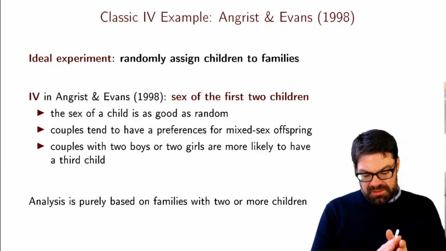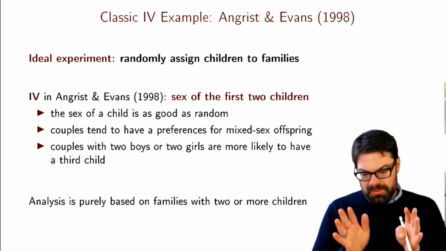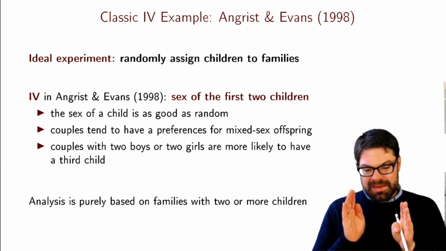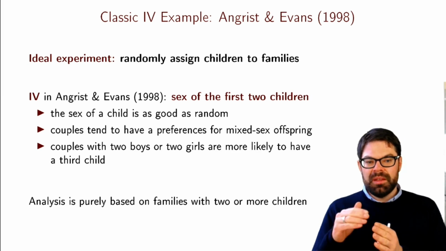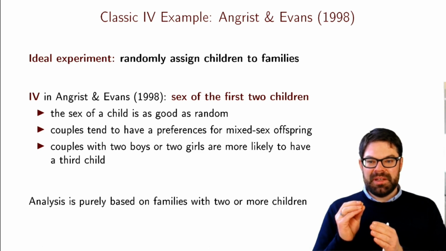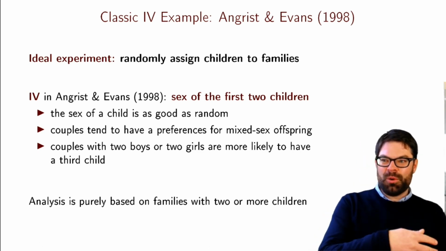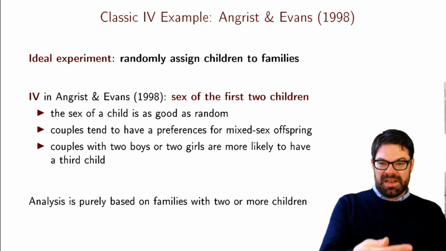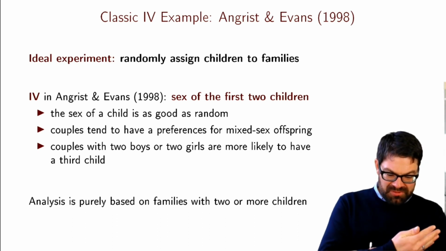So they consider a sample of women who had at least two children. Now, how does this instrument work in theory? And this is actually a good example for walking you through how you would go about such an analysis. It's not that you start with the empirics first and foremost.